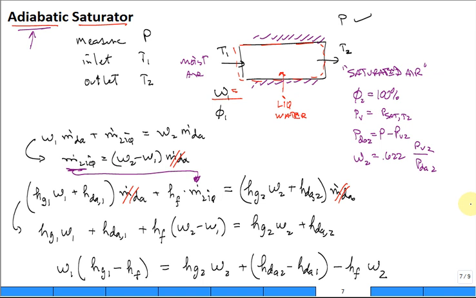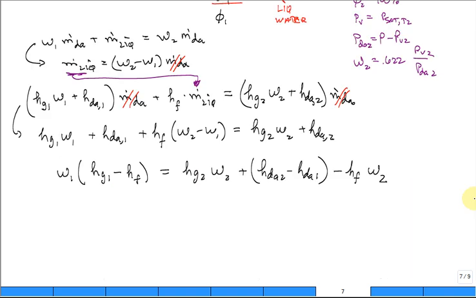We're there then. All you have to do is say, here's the equation, omega 1, the inlet humidity ratio, can be calculated knowing the vapor enthalpy going out, saturated vapor, times omega 2 going out, plus, a lot of times I'll put something like this, C sub P of the dry air times T2 minus T1.